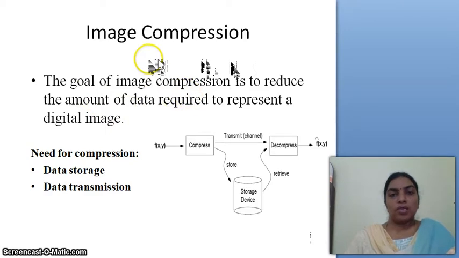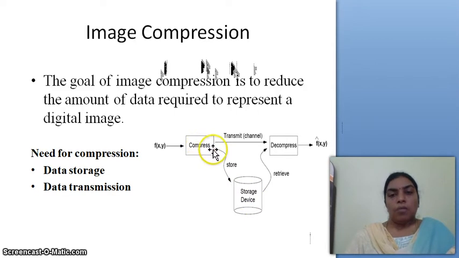Why image compression? What is the need for compression? Mainly for two purposes: one is storage, another is transmission, to store the data and to transmit the data. See this: here an image is there. I use compression techniques, then I can store that image in the storage device.